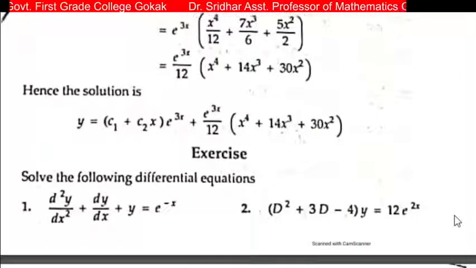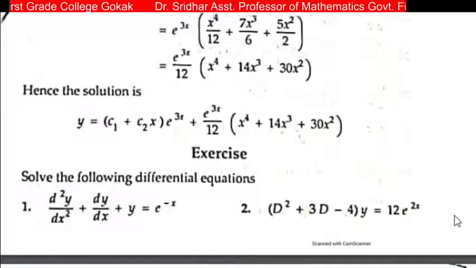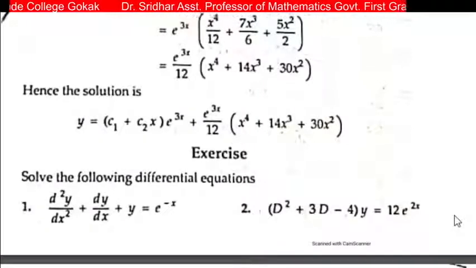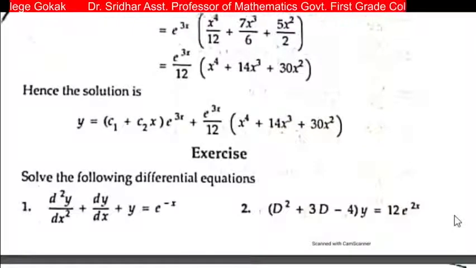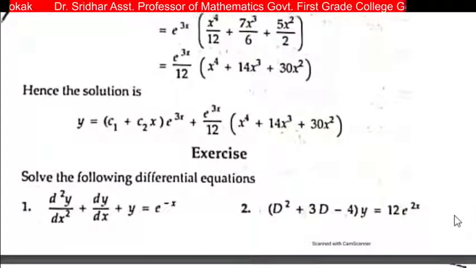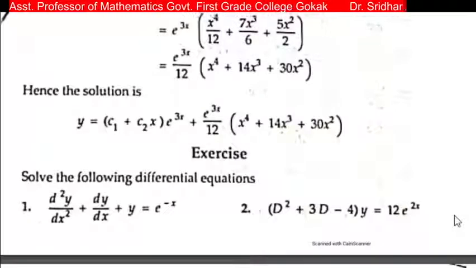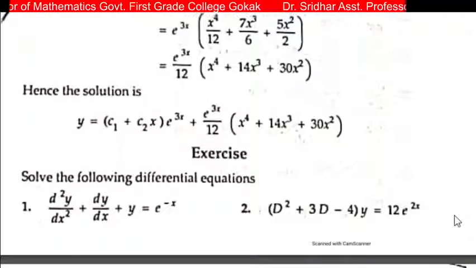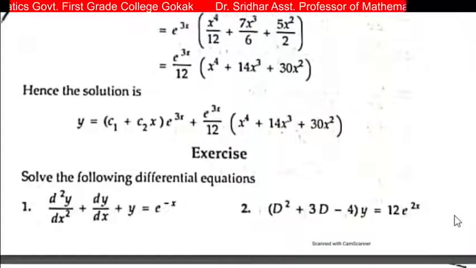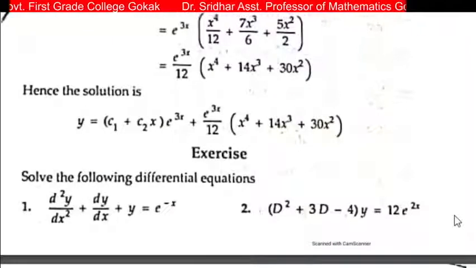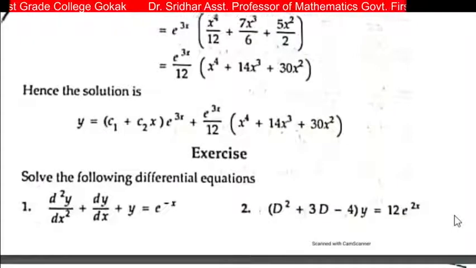Problems of this type we have also solved, and similarly a linear differential equation where f of x is not equal to 0, means we have solved problems under all the cases: when f of x is equal to e raised to ax, when f of x is equal to e raised to ax into v, when f of x is equal to cos ax or sin ax, and similarly when f of x is an algebraic function.